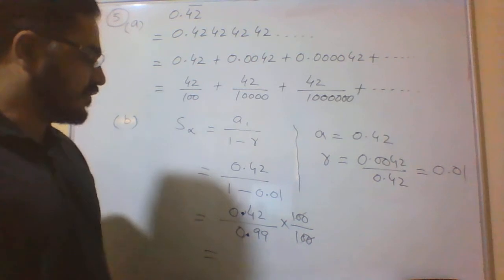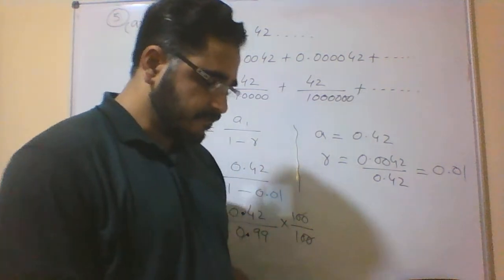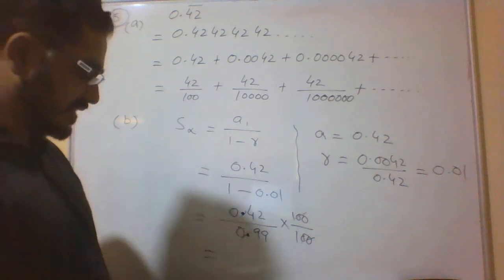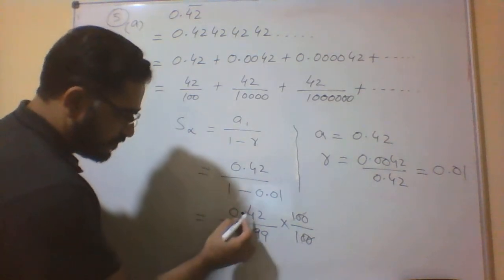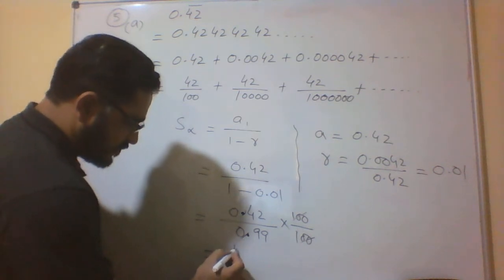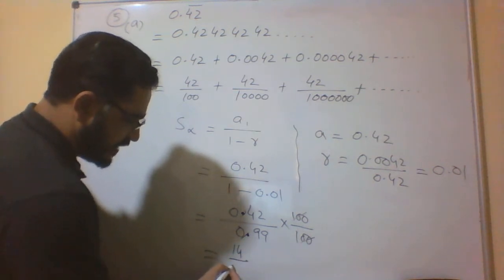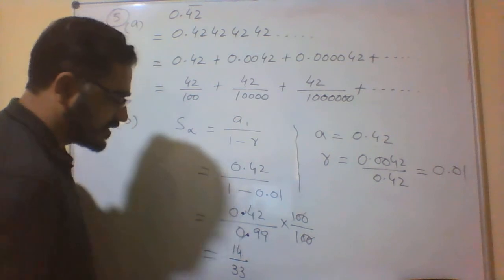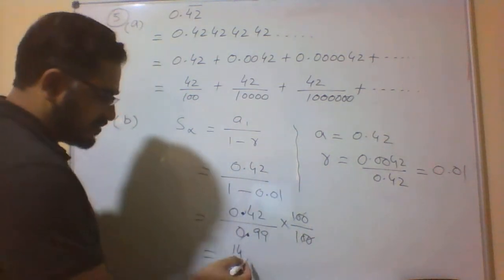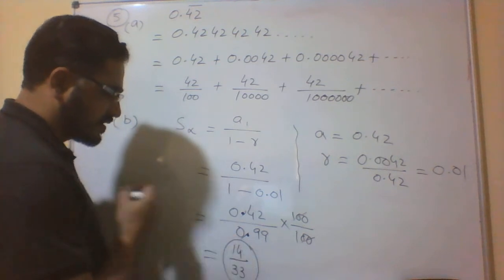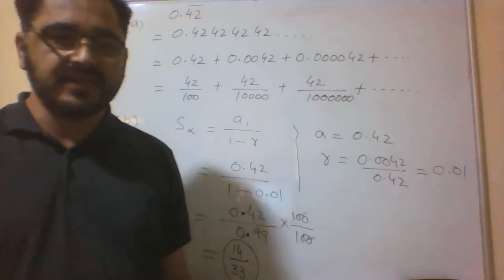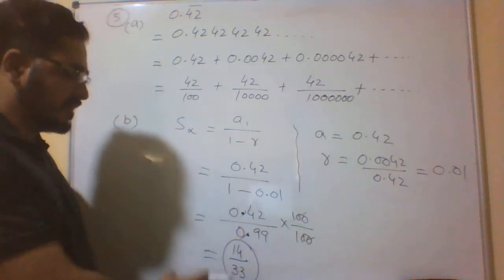Here is 42 divided by 99. You know, 14 threes are 42 and 33 threes are 99. The question was to show that we can write this as 14 divided by 33, and we proved it.